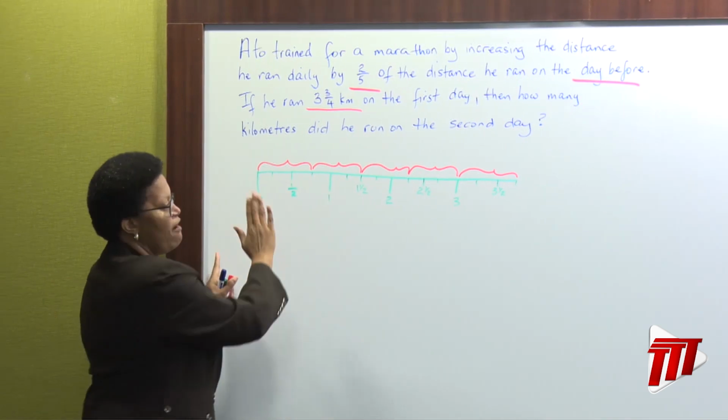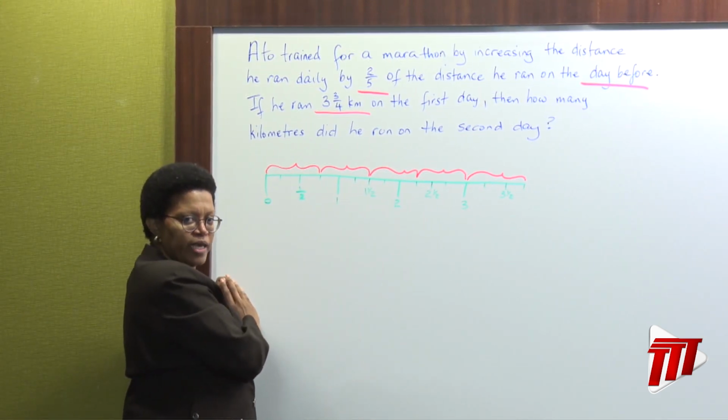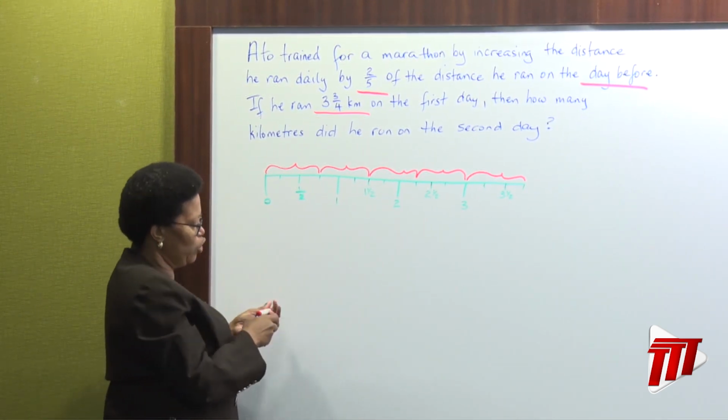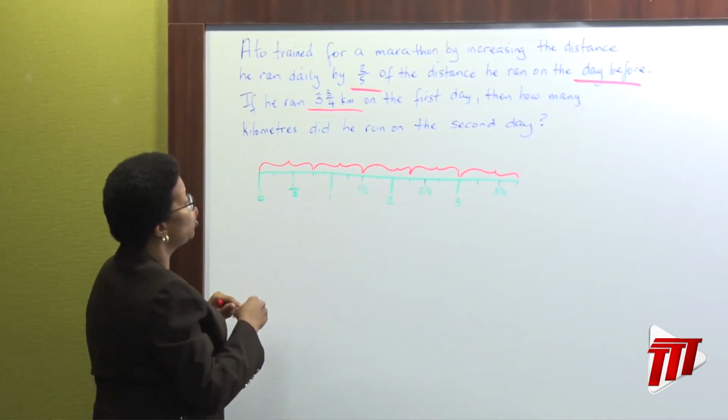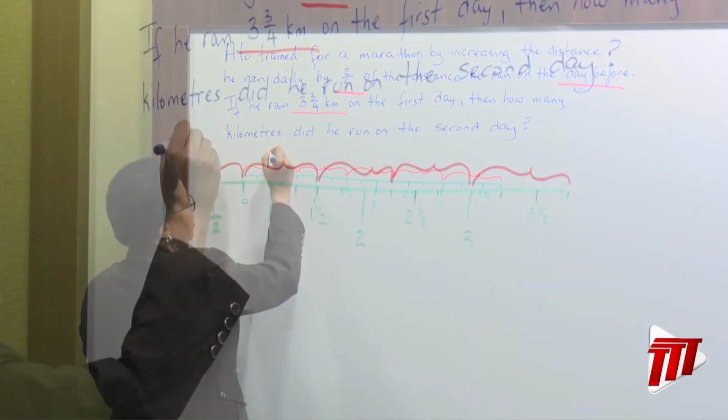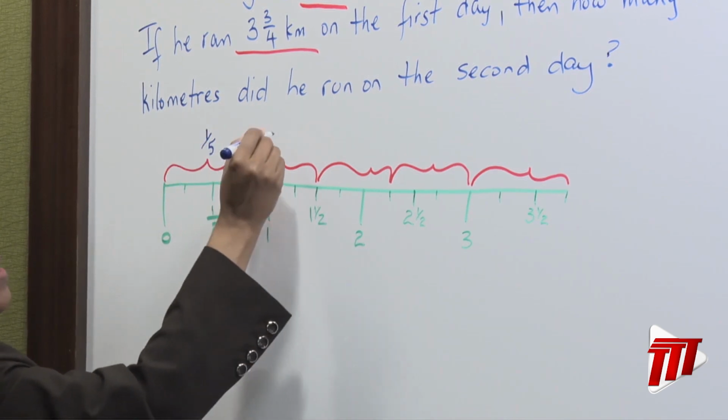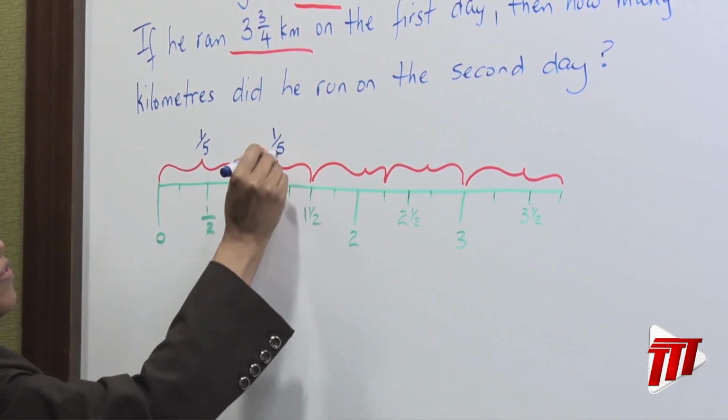It means 5 equal parts represents 5/5. How many do we want? We need 2 of them. 1/5, the other 1/5.